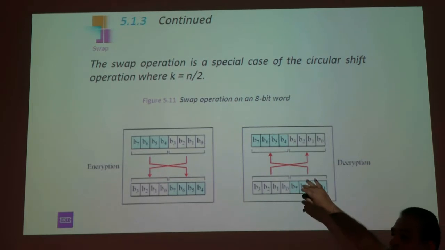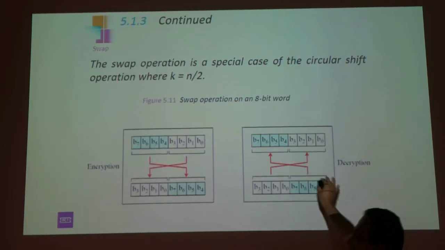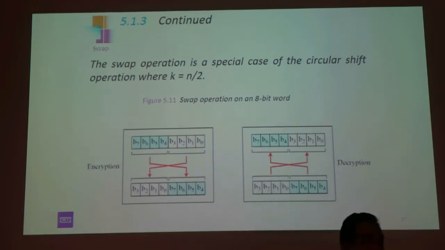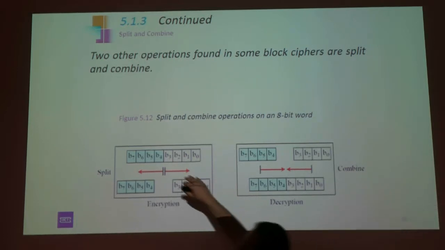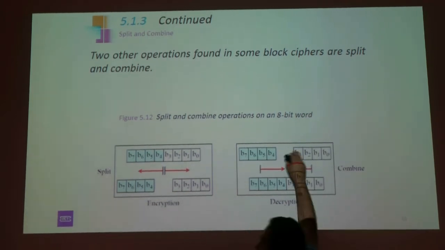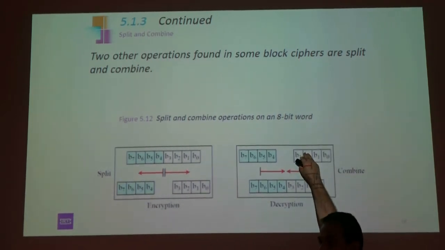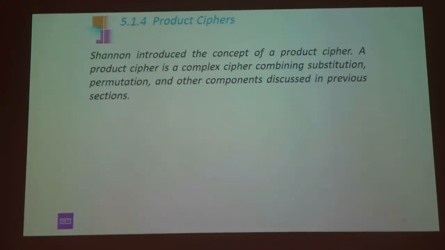So, is it invertible or not invertible? Swap back could invert what you have done in the first process. All right. Two other operations found in some block ciphers are split and combine. You could split, for example, in half, and then in the reverse you could combine. So all of these are invertible operations, right?